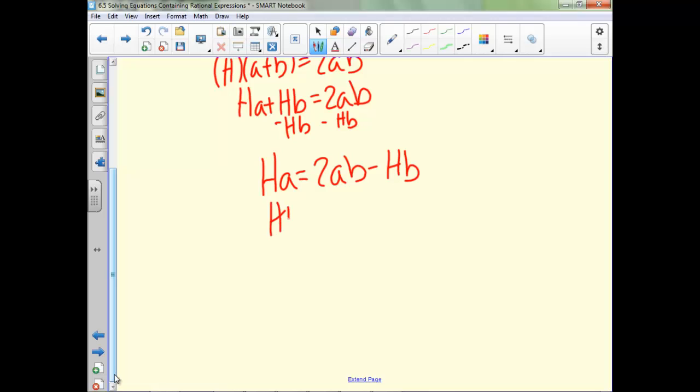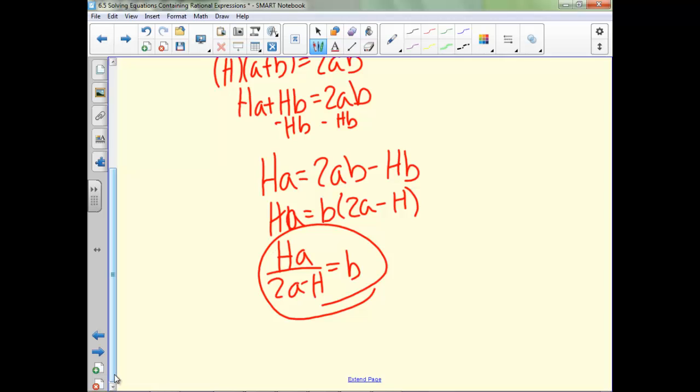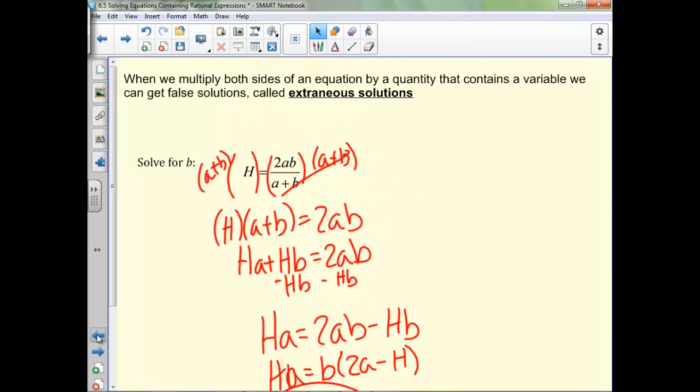Factor out our b. And then we can divide both sides by this 2a minus h. And this is the end of the section.